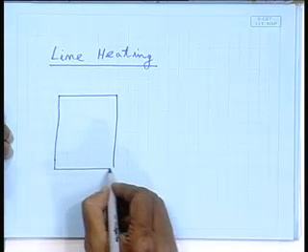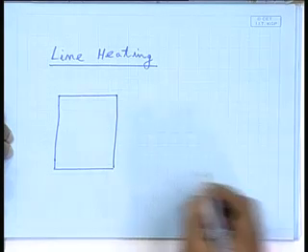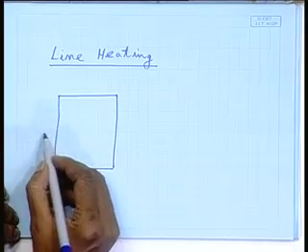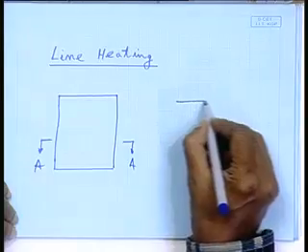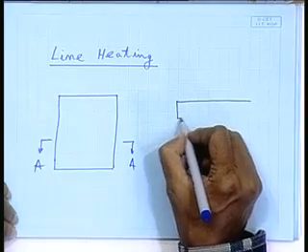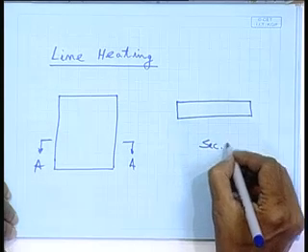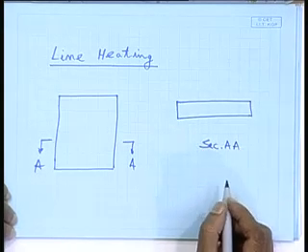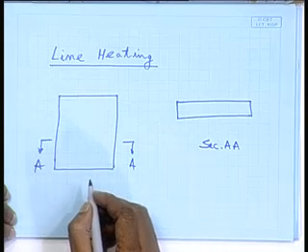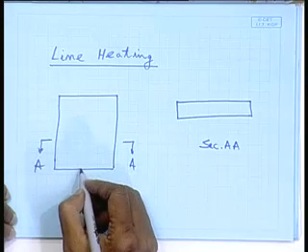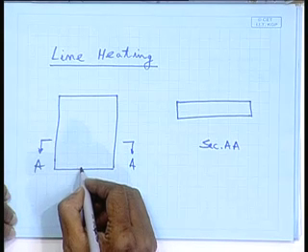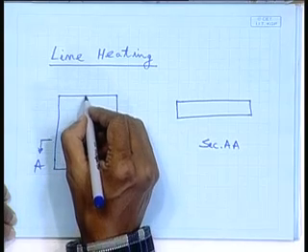Say this is one plate, right, and if we see the cross section here along this, let me draw it here. So this is the section AA of any plate. And now if I heat along this line, let us assume along the central line I am heating it.